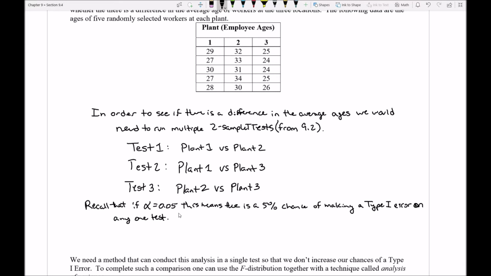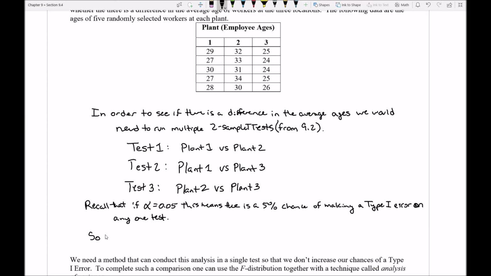But if I start having to conduct multiple tests in order to answer this big question, I run a 5% risk here on the first test, another 5% risk on the next, and another 5% risk on the next. And as long as any one of those has an error, then the entire result would be thrown off. So I can start to see that since we have to run a lot of tests, this chance of making a type 1 error might possibly be larger.